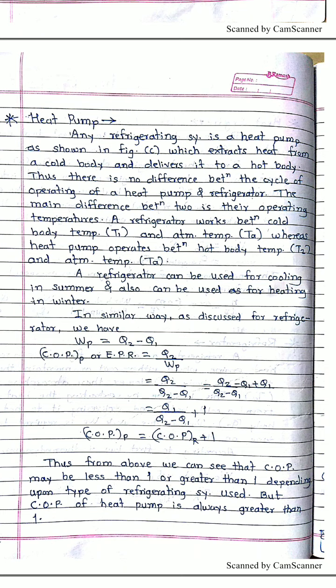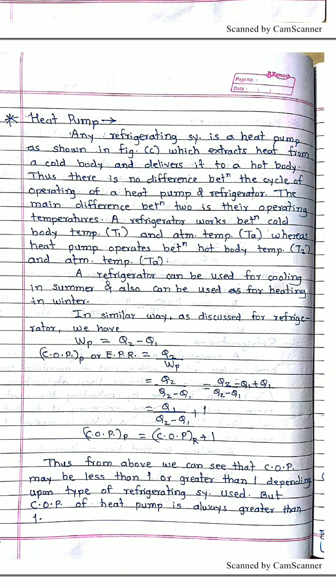If you add and subtract Q1 in the numerator, we get Q1 minus Q1 plus Q2 minus Q1, divided by Q2 minus Q1.